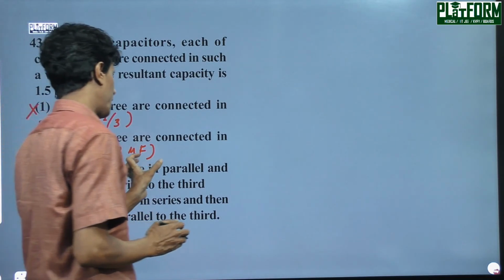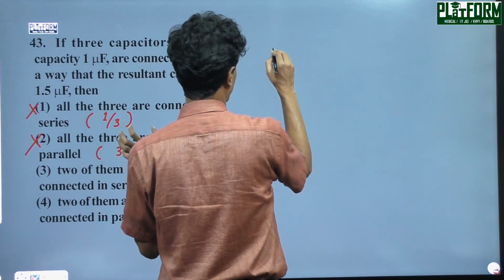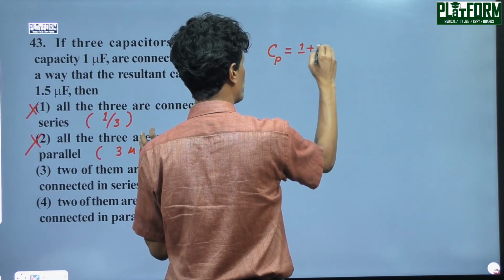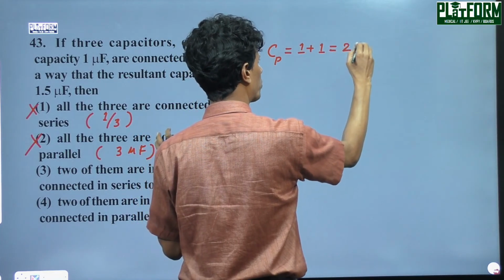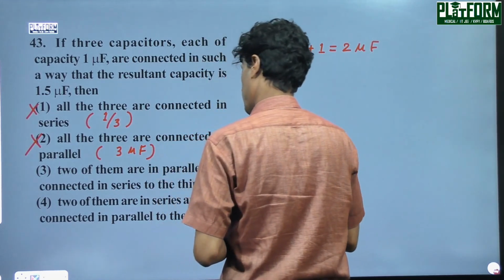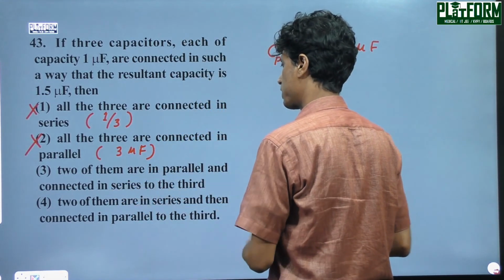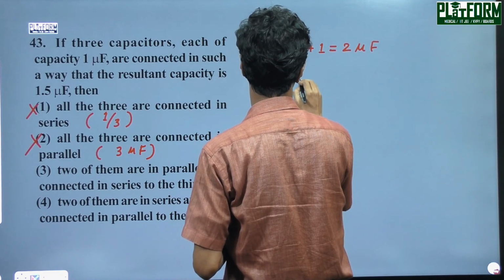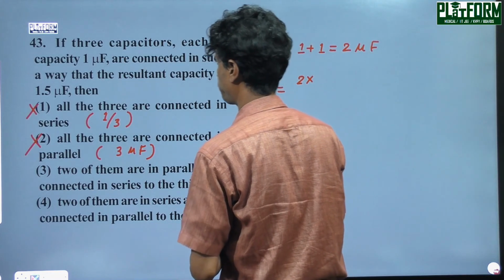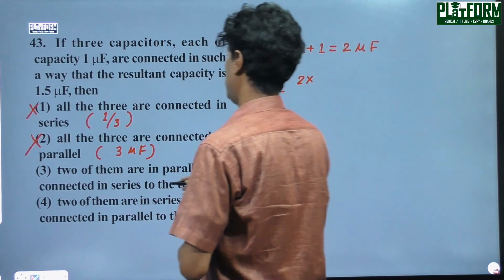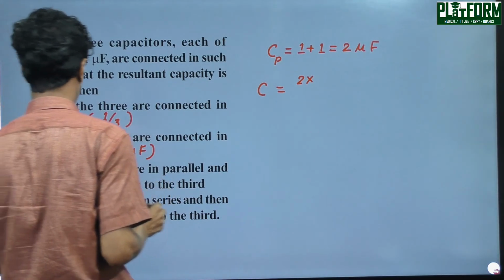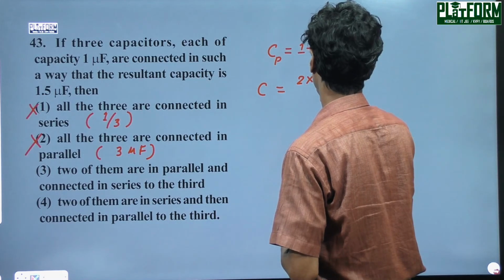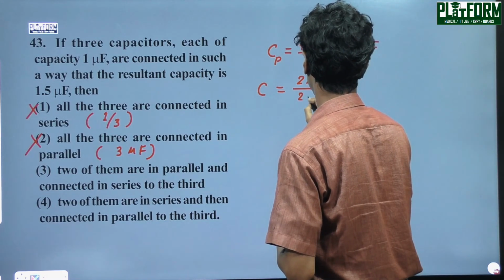2 of them are in parallel. In the case of parallel, it is 1 plus 1, that is 2 microfarad, and connected in series to the third. So the equivalent is 2 into 1 by 2 plus 1.